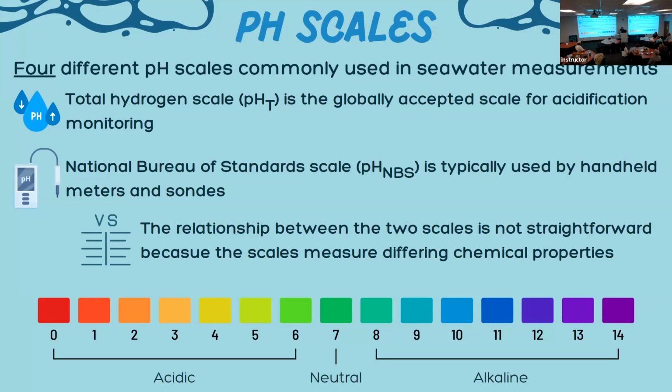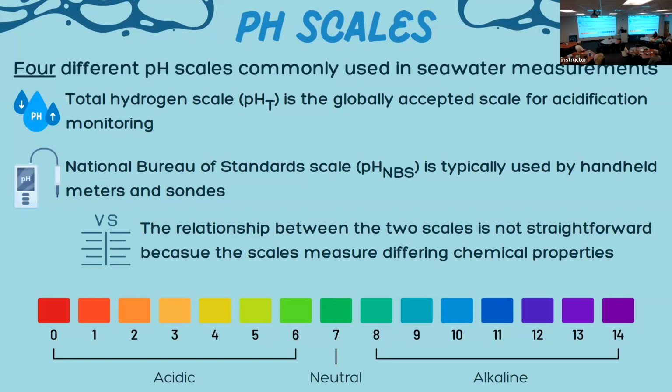And so this is not the globally accepted scale for acidification monitoring because we want more decimal points to look at those small changes in acidification. And on the NBS scale, we only go to 2 decimal points. So when comparing these, the relationship between the 2, you can't just go back and forth with them because it's not a straightforward relationship.